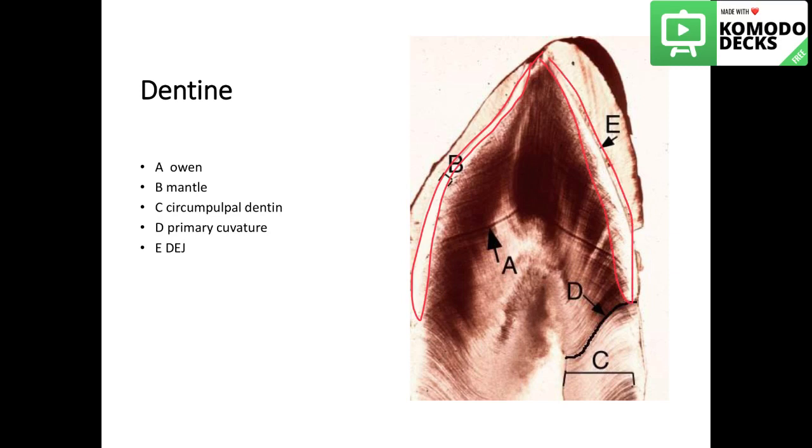So of course, this is the dentino-enamel junction. The area under the mantle dentine into the pulp is the circumpulpal dentine, and this line shows us the primary curvature of the dentinal tubules.